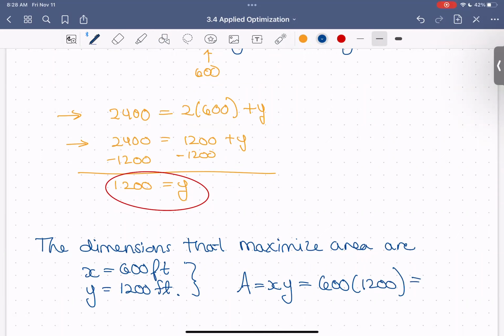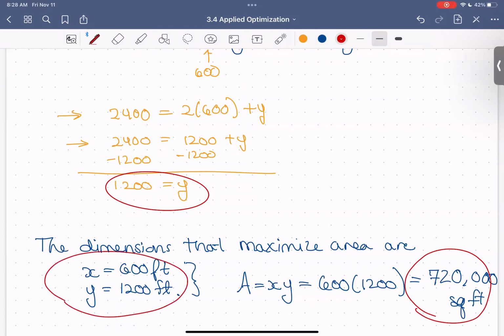So if we compute that out, we consult our calculator, or maybe do it by hand. I'll cut to the chase here though, and we get 720,000 square feet. So that would be the maximum area, which is the area associated with these dimensions.